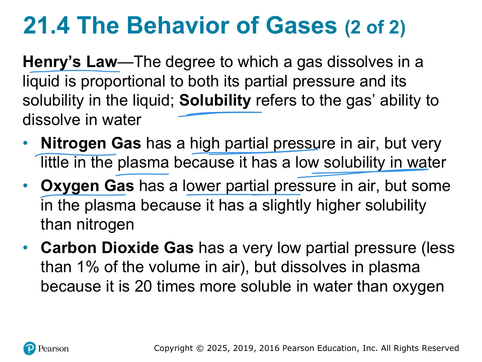Oxygen has a lower partial pressure than the nitrogen, but we'll see some in the plasma because it has higher solubility. And then carbon dioxide has very low partial pressure, but it dissolves readily in the plasma because it has about 20 times more solubility than oxygen has in water. So the gases we see in the blood are going to be due to partial pressure properties and also due to the solubility of that specific gas.